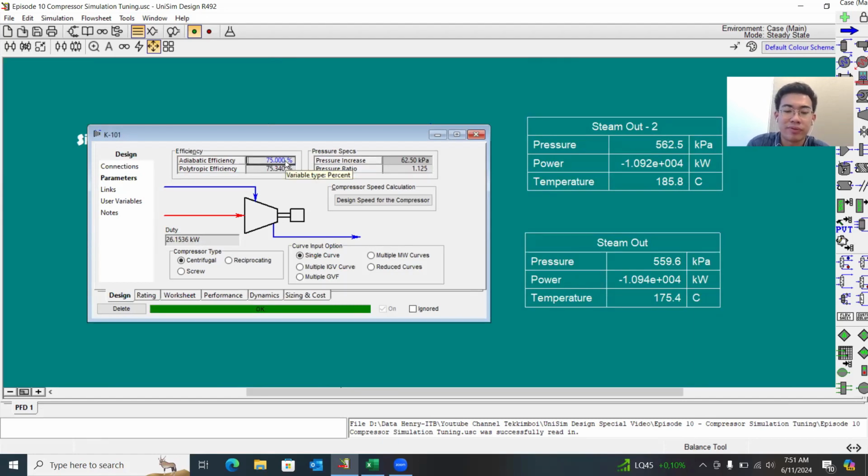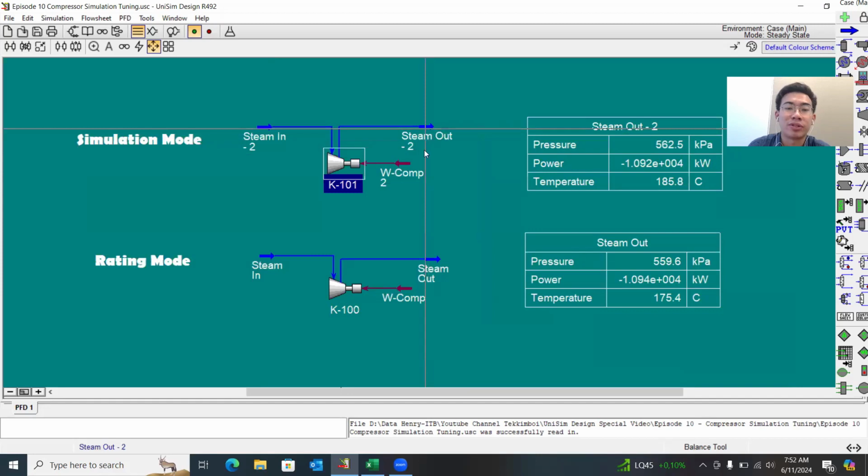The temperature rises. This is also one of the ways to tune this compressor in the simulation mode. If you find that the outlet pressure and temperature of the compressor do not match the plant data, you can tune from this efficiency also as one of the choices.